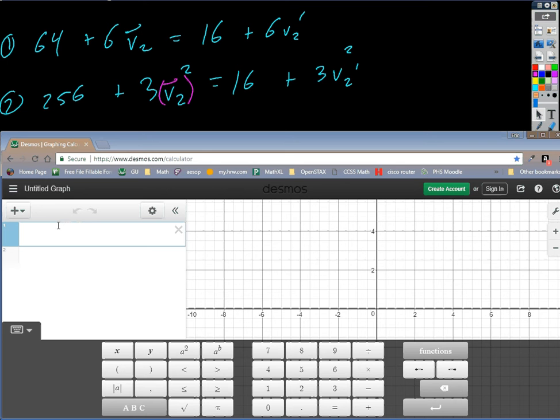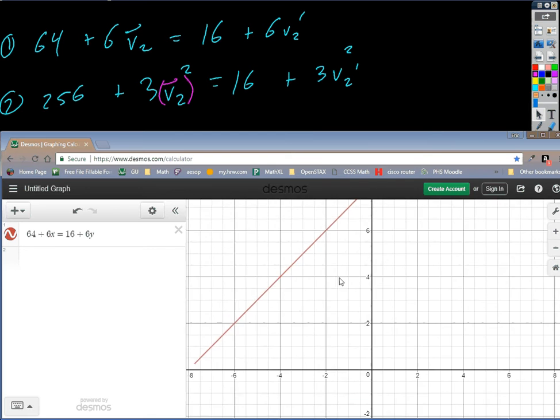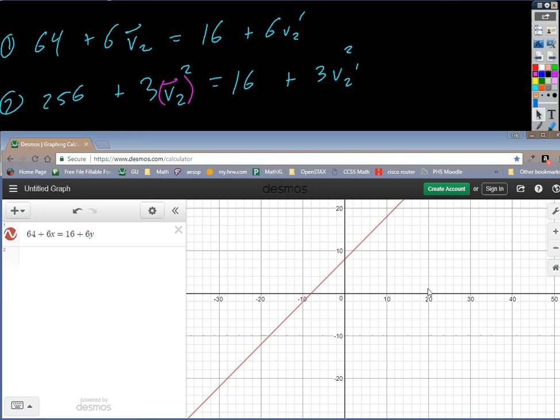So then if I just type in the equation 64 plus 6x equals 16 plus 6y, look what I get, right? I just get a line. Okay, makes sense.